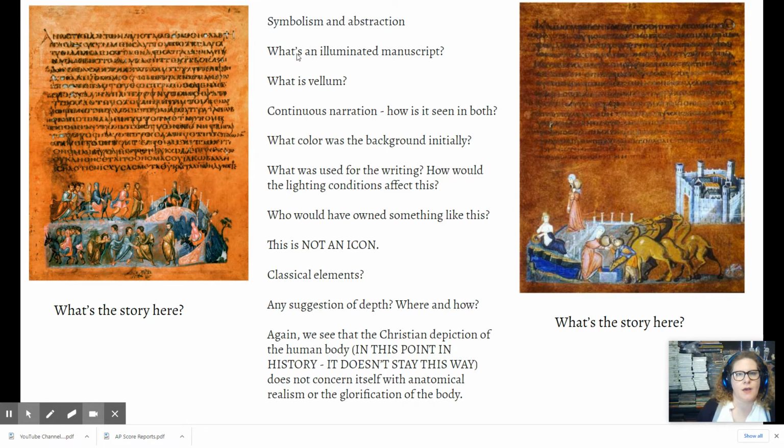Okay. You need to know what an illuminated manuscript is. If you cannot tell me what an illuminated manuscript is, you need to go back and look again. And you need to also think about how the person who owned this object interacted with it, would have used it, and in what conditions.